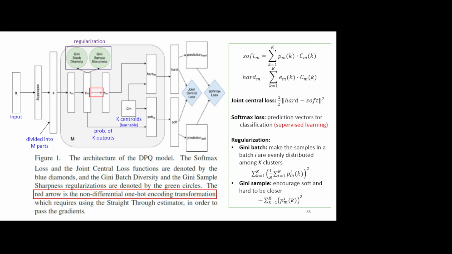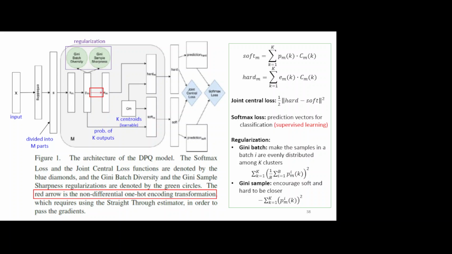The idea of the per-batch loss is that a batch contains many data points for training, and we hope the data in the batch can be evenly distributed among the k clusters. It is expressed like this, where the probability belongs to the k-th cluster.